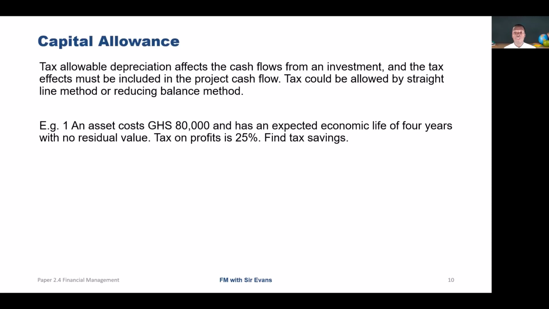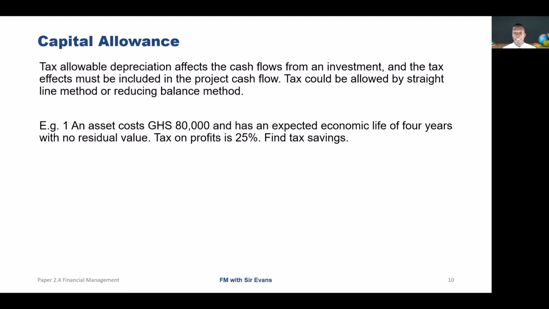An asset costs 80,000 and has an expected economic life of 4 years with no residual value. The tax on profit is 25%. Let's find the tax savings. Each year we are going to depreciate this asset over 4 years. So the cost is 80,000 divided by 4 years, so 20,000 becomes the amount which is going to be depreciated each and every year.